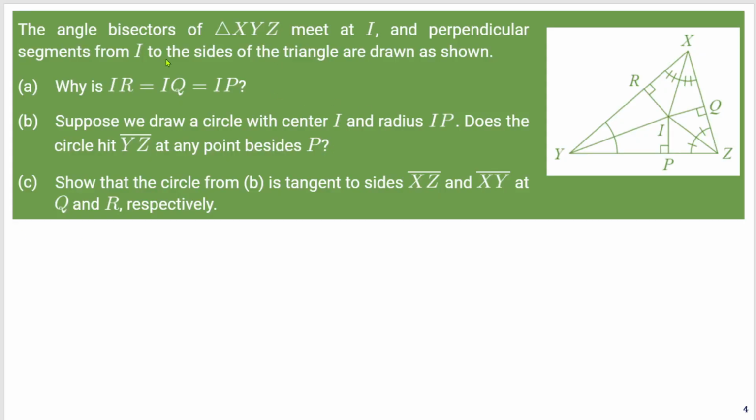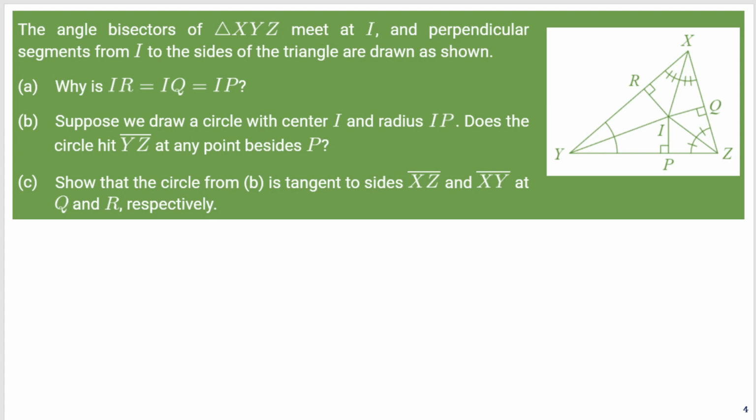Alright, now let's consider this question here. The angle bisectors of triangle XYZ meet at I, and perpendicular segments from I to the sides of the triangle are drawn as shown. First question, why is IR equals IQ equals IP? Second question, suppose we draw a circle with center I and radius IP.